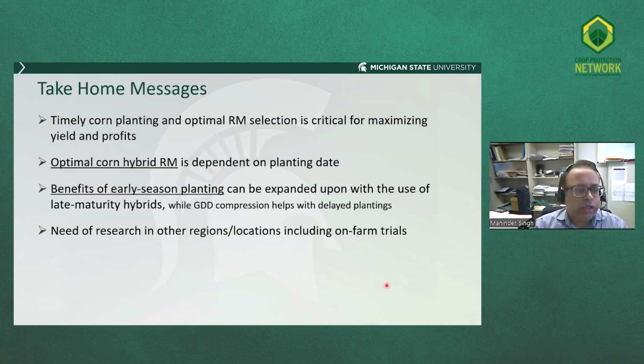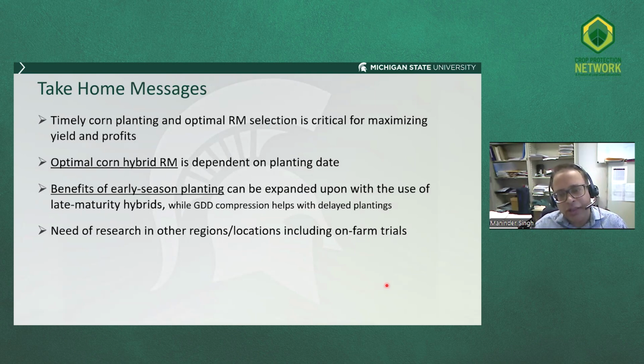What we are recommending to folks is that if we are able to plant a subset of our fields on our farm under timely conditions, using later maturity, longer RM hybrids does work out, up to 5 or 10 units. The exact number will depend on your specific location. This is where we need more research from other locations and regions to get to those specific numbers, but the basic concept is still true. Early planting, use these longer maturities.